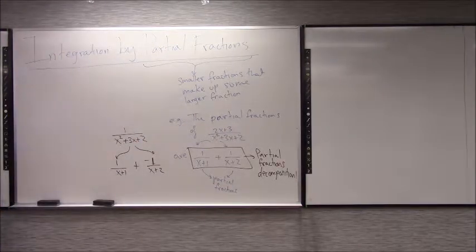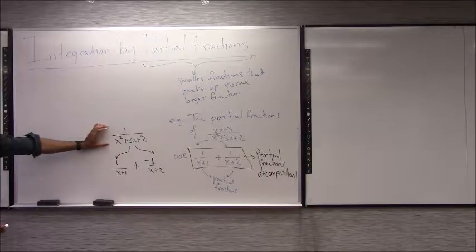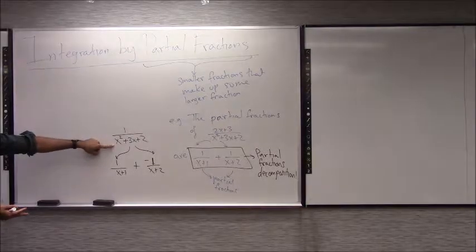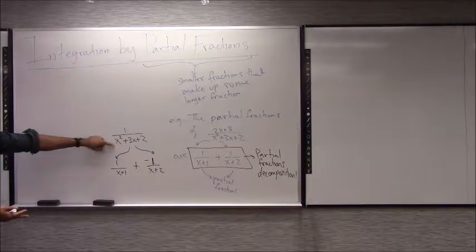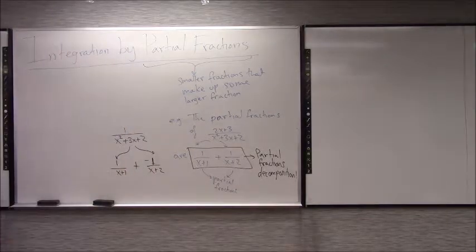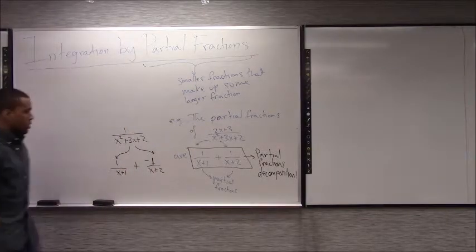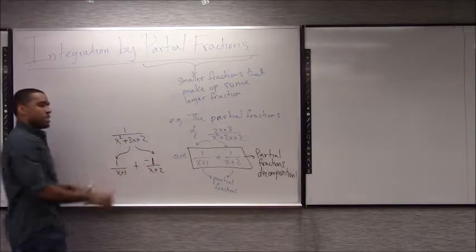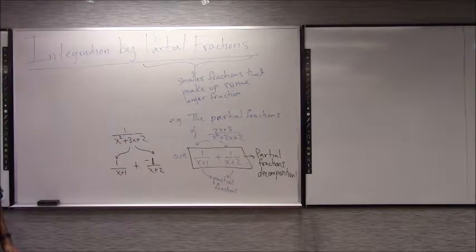Now this one you might not know how to integrate because it's not clear that there's an ln involved because the numerator is not the derivative of the denominator. But breaking this guy down into those two, then for each of these, the numerator is the derivative of the denominator. So that's one example here, right? But how to do this can vary drastically, and it depends on the fraction that you have.